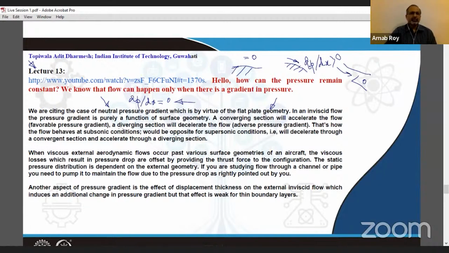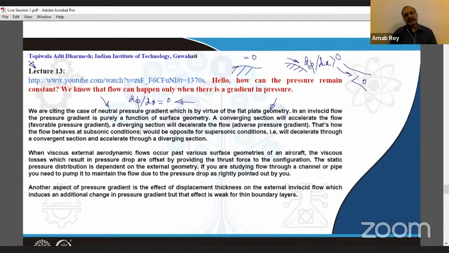Because in an inviscid flow, the pressure gradient is purely a function of the surface geometry. On the contrary, when you have the viscous effects coming, there are two issues. One is the losses which are incurred in the stagnation pressure, and which essentially reflects in the static pressure as the flow moves along the surface, because the dynamic head remains conserved by virtue of the continuity equation.